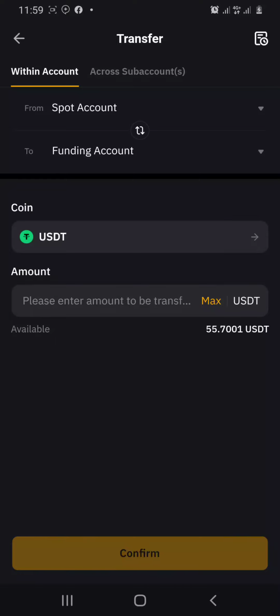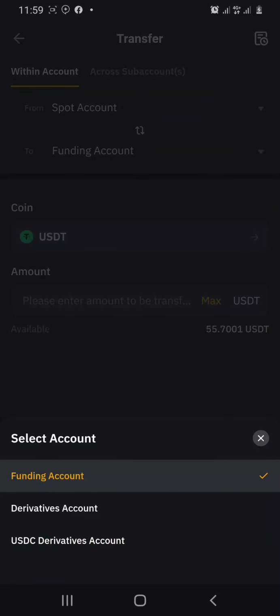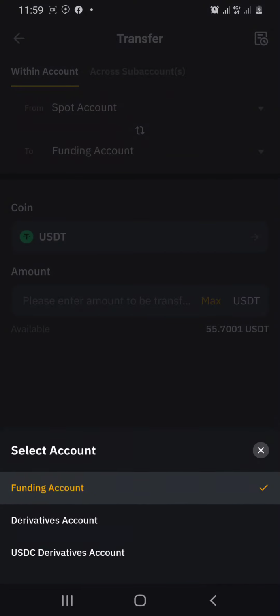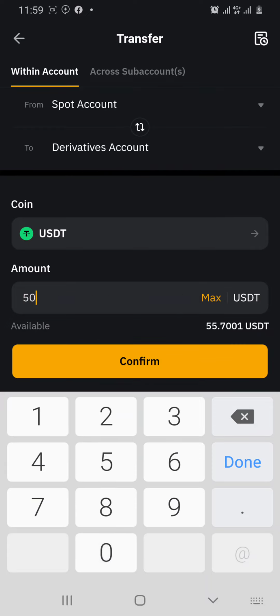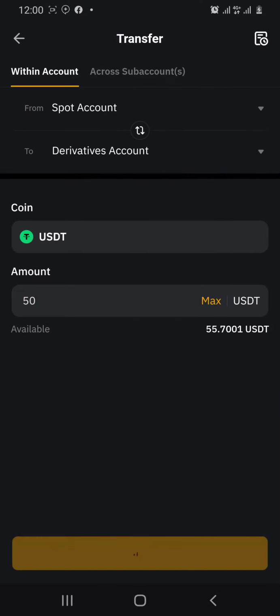Now our transfer is between spot and funding. Funding is if you want to trade your P2P. So you change your funding to derivative account. Now enter amount of $50. Confirm.